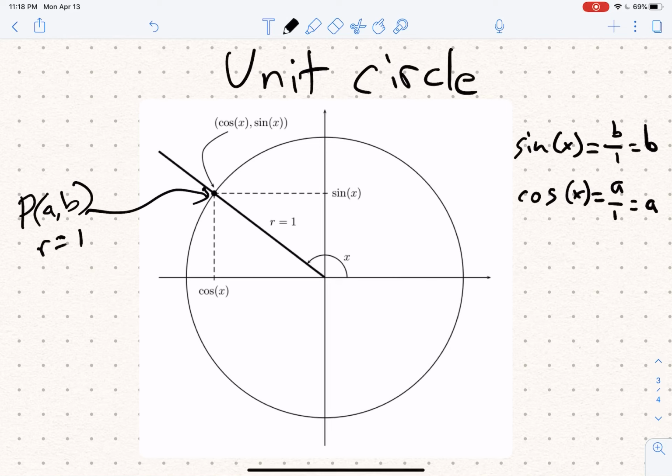And so the beautiful thing about the unit circle is, if I pick a point on the unit circle and I look at the x and y coordinates, the x-coordinate will be the cosine of that angle, and the y-coordinate will be the sine of that angle. Here, the x-coordinate of this point is exactly the cosine of this angle, and the y-coordinate of this point is the sine of this angle.